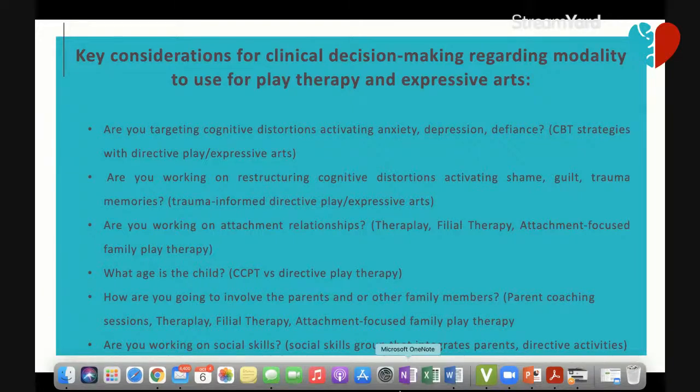There are different ones. For my training using trauma with play therapy, I really like the model that I was trained in. It's through the National Institute for Trauma and Loss in Children. One of the things that I like about that model is it takes into consideration and accesses the sensory aspect of trauma.